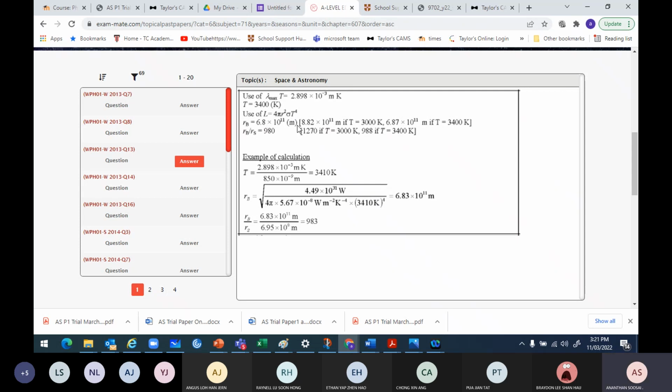You get the RB. Once you got RB divided by RS, you get the ratio. So Stefan's law and Wien's law again. Okay, any questions? No questions.